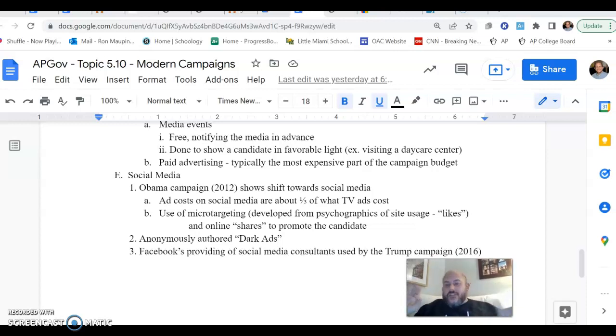There's some controversy with that because they're unpublished, but that is proving to be effective. We saw the Trump campaign doing a decent amount of this in 2016.